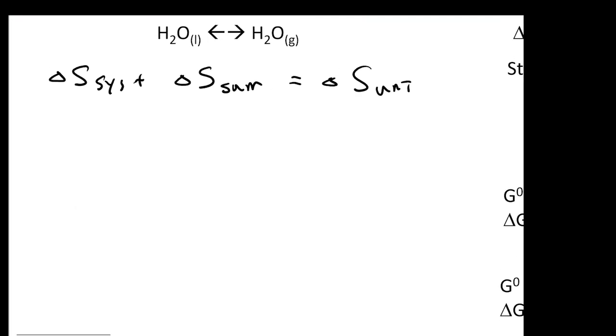Let's look at this specific reaction: H2O in the liquid form goes into the vapor form. We can describe this using the very general definition we got. If this is going to happen, one thing we know for sure is that your delta S surrounding must do something. If you want to make your water go from the liquid form to the gas form, your surrounding will provide heat.